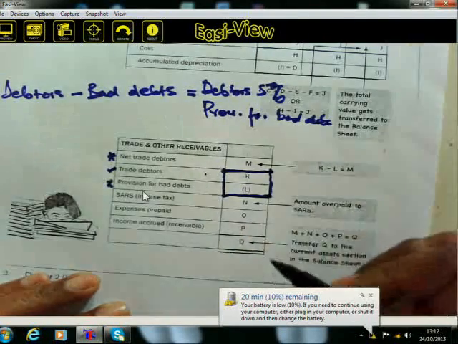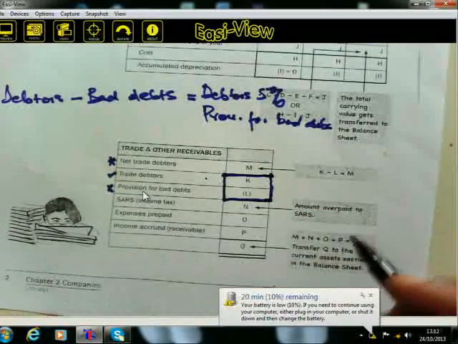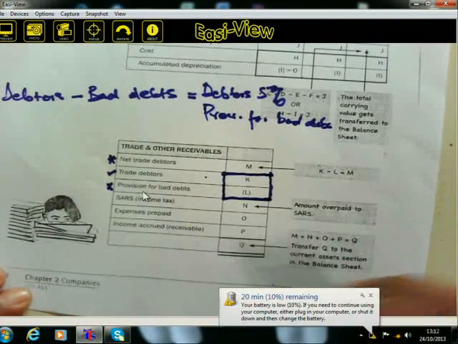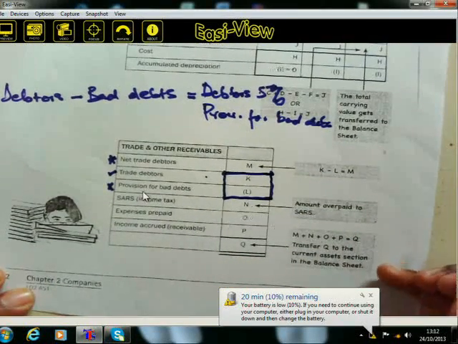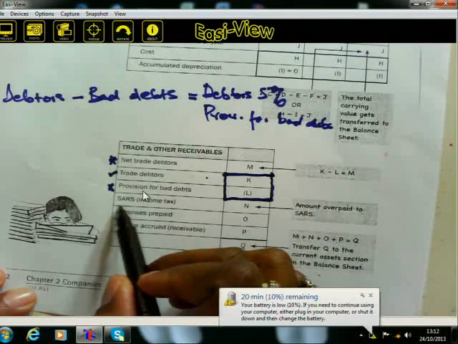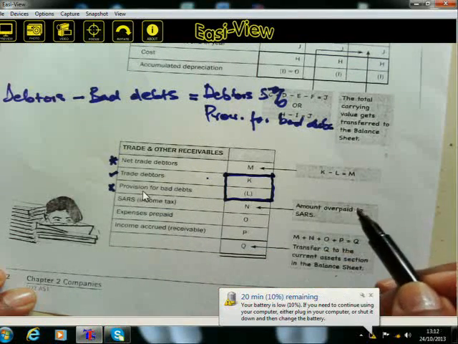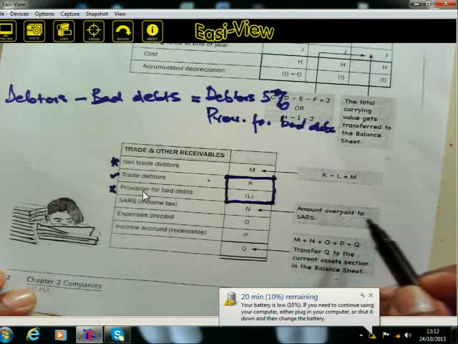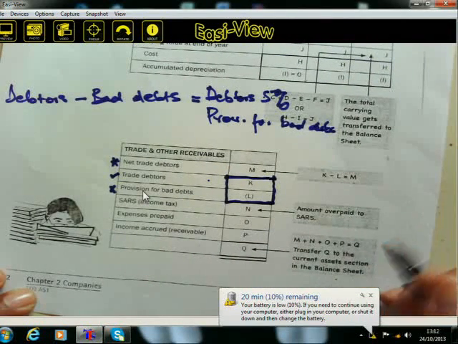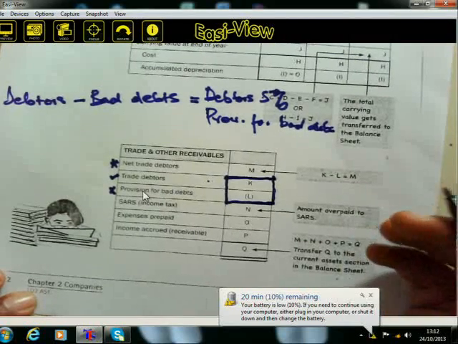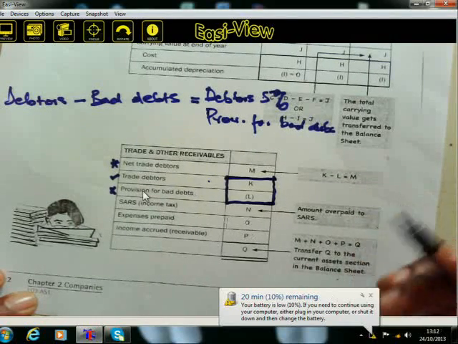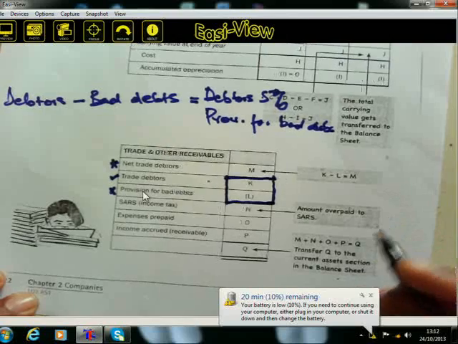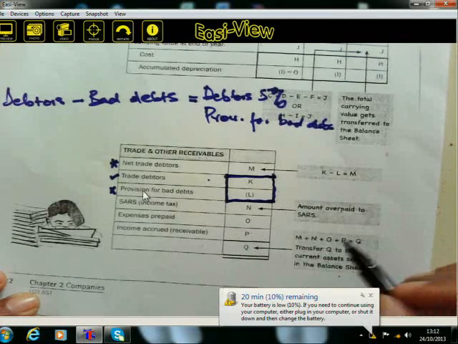Then thereafter, we consider other adjustments. Let's say SARS income tax. Here you'll find SARS income tax, the amount being the amount of income tax which is overpaid. We may, as a business, pay SARS. Remember, sometimes we make provisional tax whereby we pay SARS during the financial period.